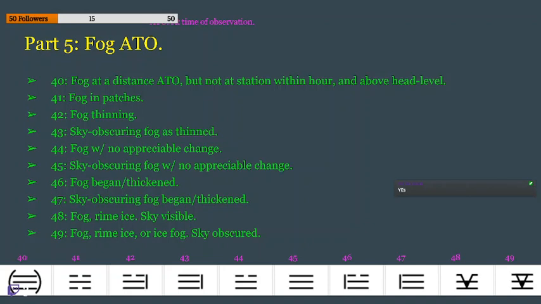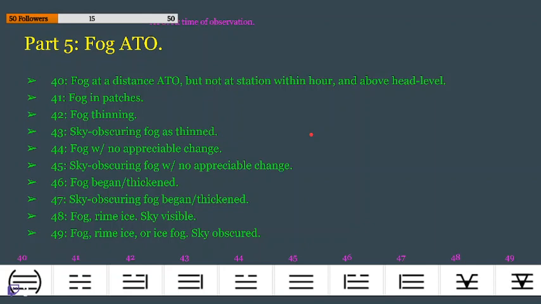As I was researching all of this, I slowly started to see that words started to look weird. Fog looked weird. There was something else, another word that looked weird, but I completely forgot. Oh, drizzle. Drizzle.